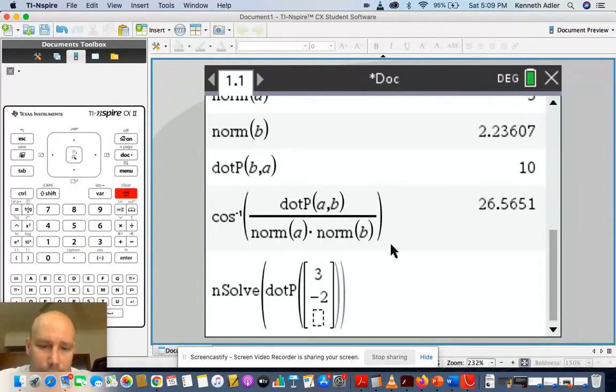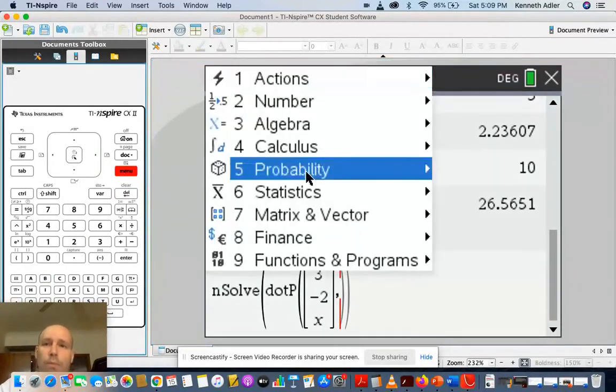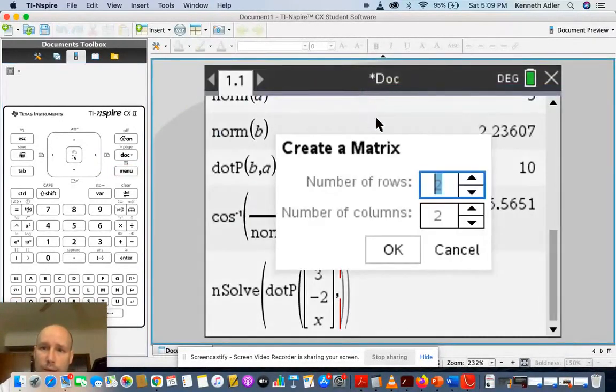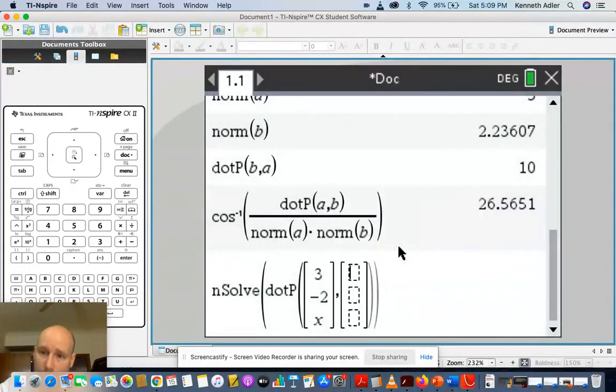So let's make that x, actually. And then I'm going to do comma. I'm going to put another matrix in there. Menu, matrix vector, create, 3 rows, 1 column. In this case, the second vector was bi plus 3j plus 7k. But instead of b, I'm going to use x, 3, and 7.